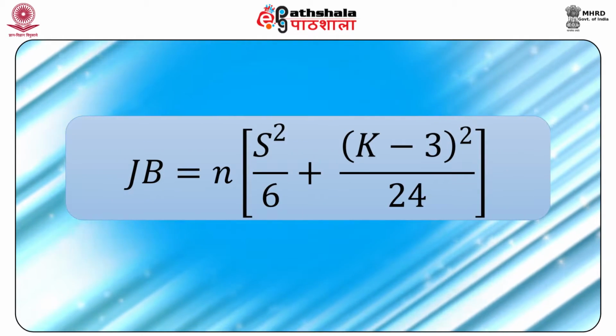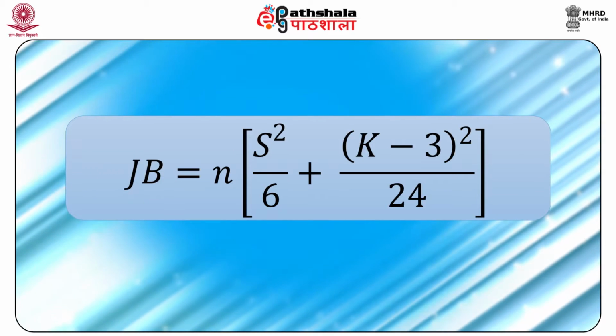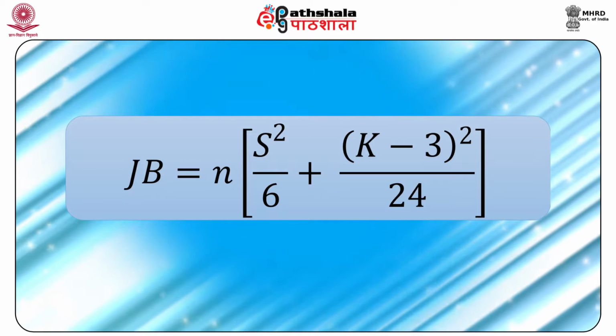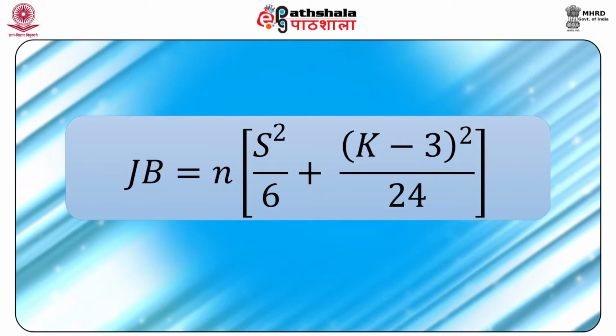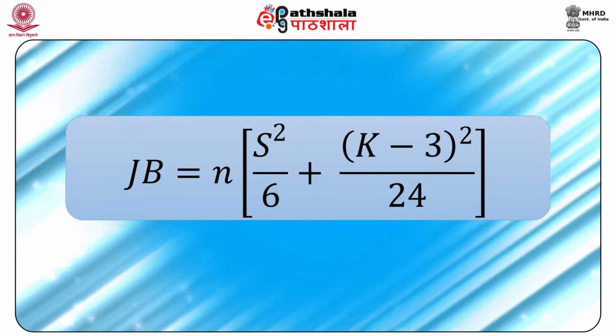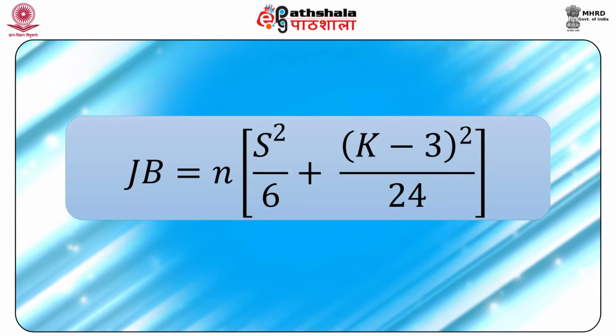The formal test can be done by the Jarque-Bera test of normality, which is defined as follows: JB equals n into S square by 6 plus (K minus 3) square by 24, where S means skewness and K means kurtosis.